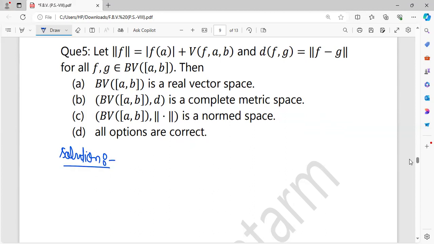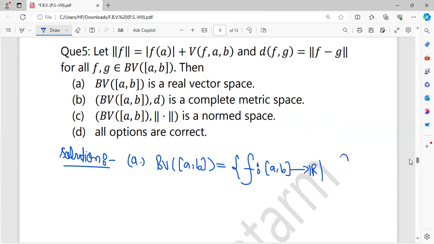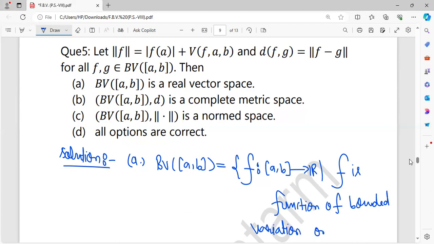You can check that the first option is correct. What is BV[a, b]? Actually, you are taking F, a function from the closed interval [a, b] to R, a function of bounded variation on [a, b].